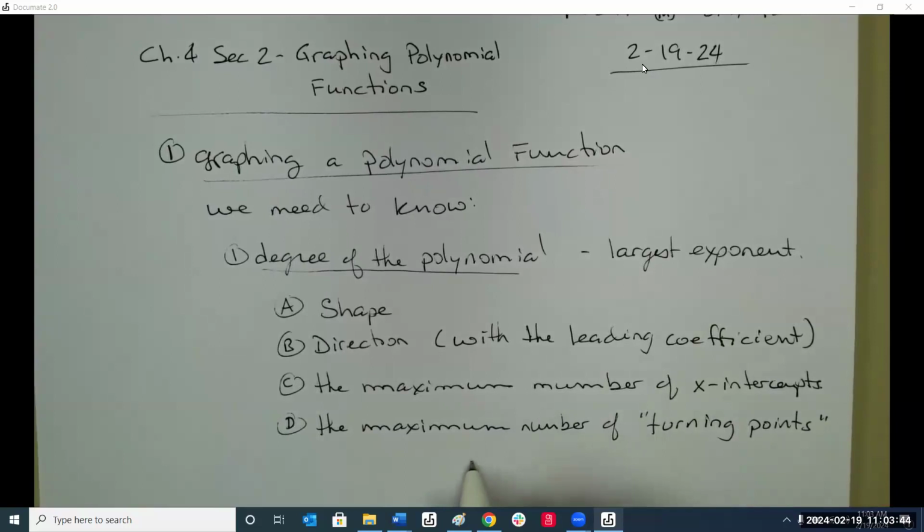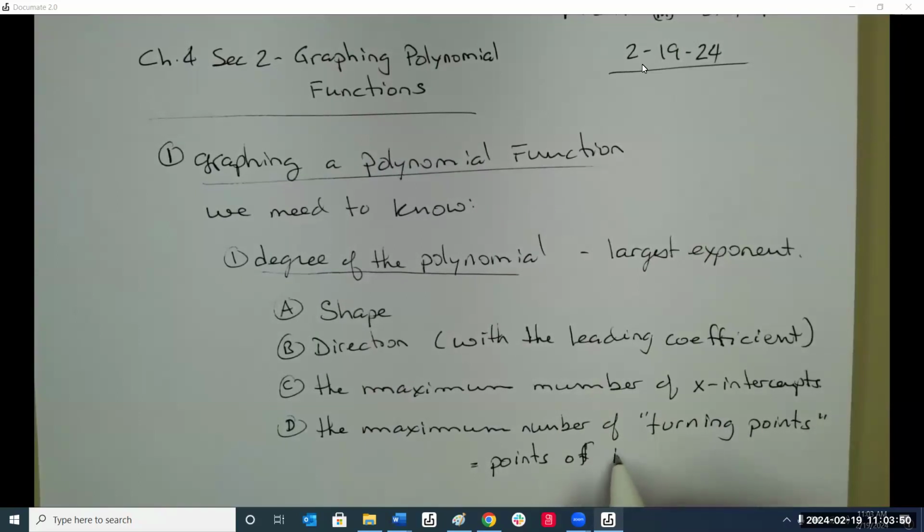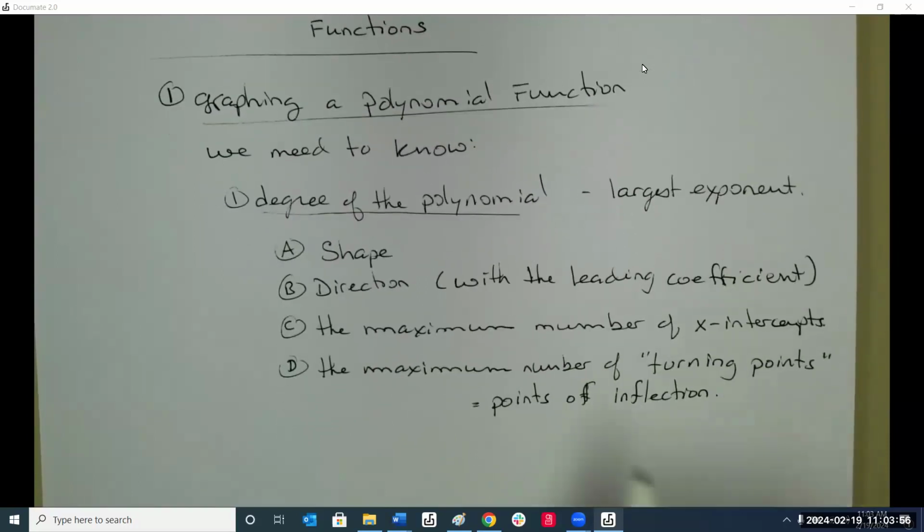in calculus. We call those points of inflection. Where the curve stops going down and starts going up. At that point is the point of inflection.